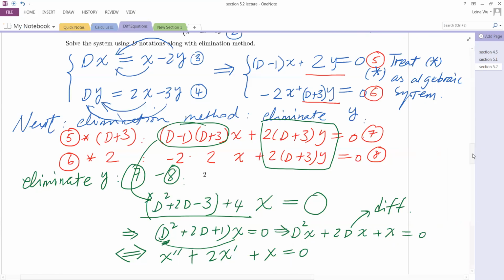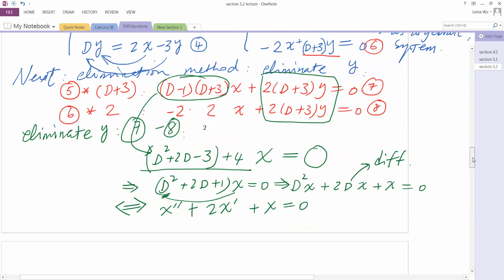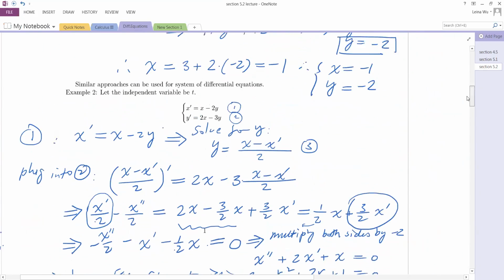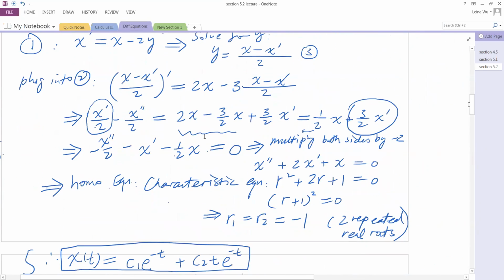Does this ring a bell? Yeah, this is consistent with what we had previously. The following steps are exactly the same. You do the characteristic equation, solve for the two repeated roots, and find the general solution for x of t, then use another equation to solve for y of t.